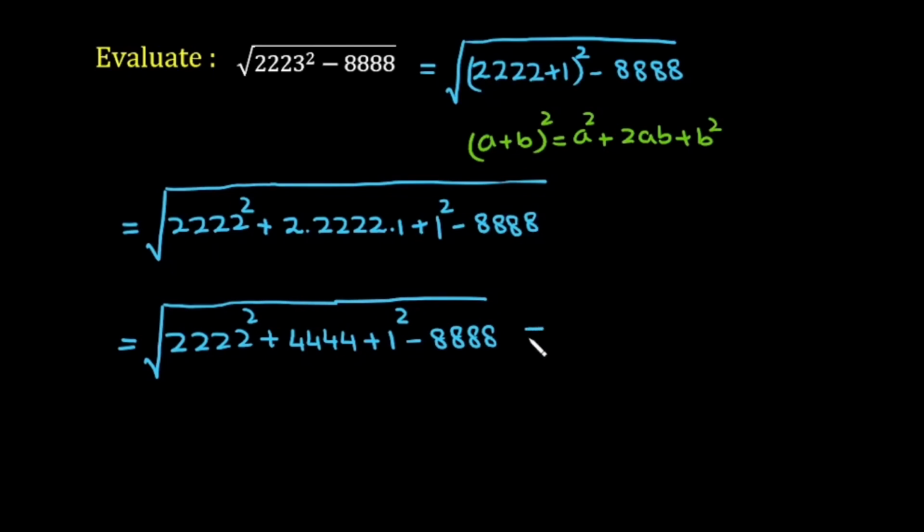So this is equal to 2222 square. Combine these two terms. So this is minus 4444 plus 1 square under root.